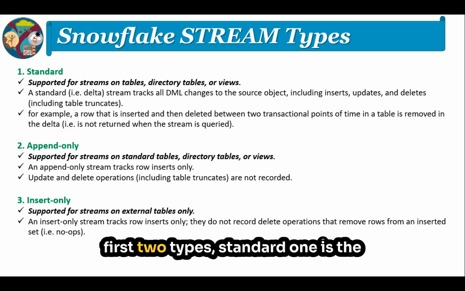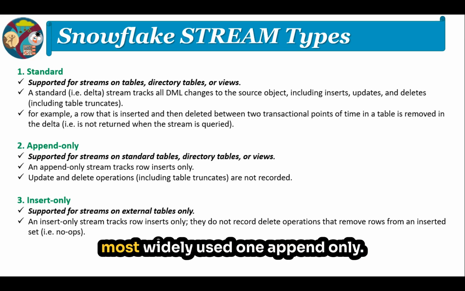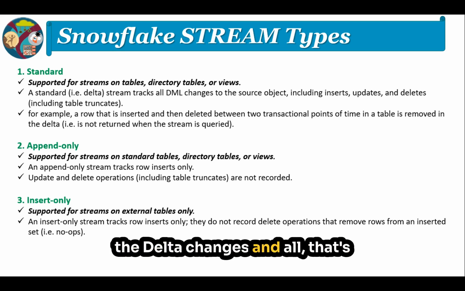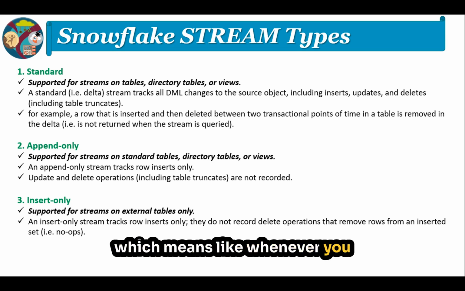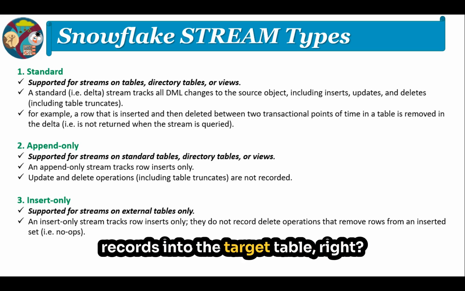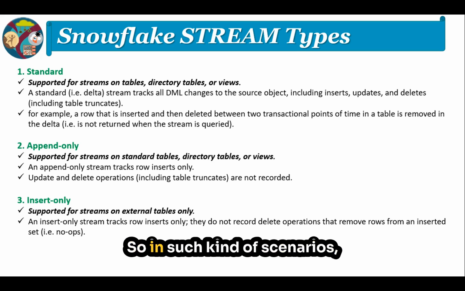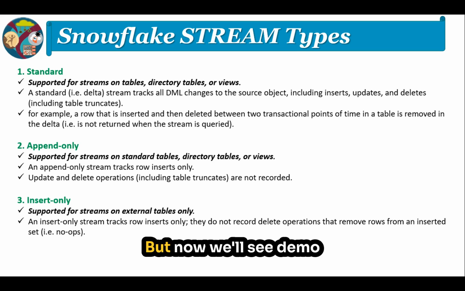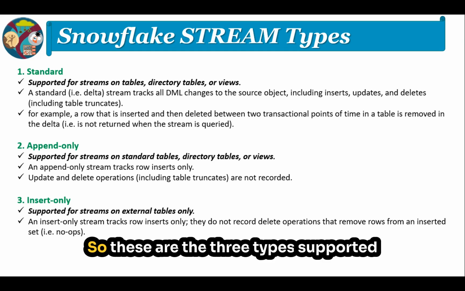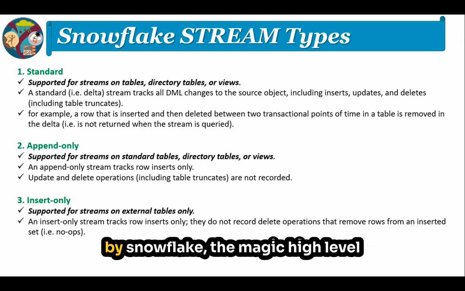Now coming to the first two types, standard is the most widely used one. Append only, for example, if you are dealing with delta changes, that's where you'll use append only, which means whenever you get new data, it will append those new records into the target table. In such scenarios, we will use an append only stream. But we'll see the demo for the first type only, because that is the widely used one. So these are the three types supported by Snowflake.